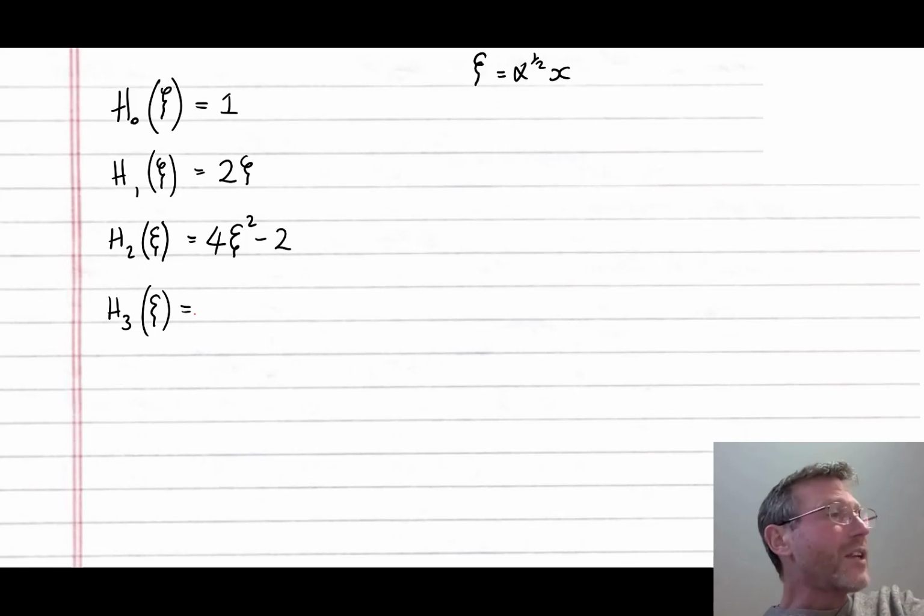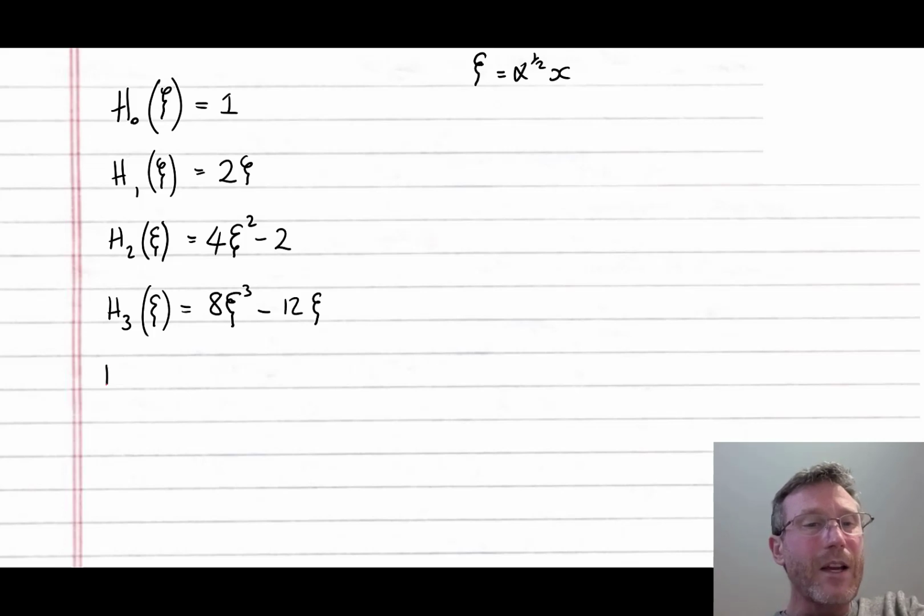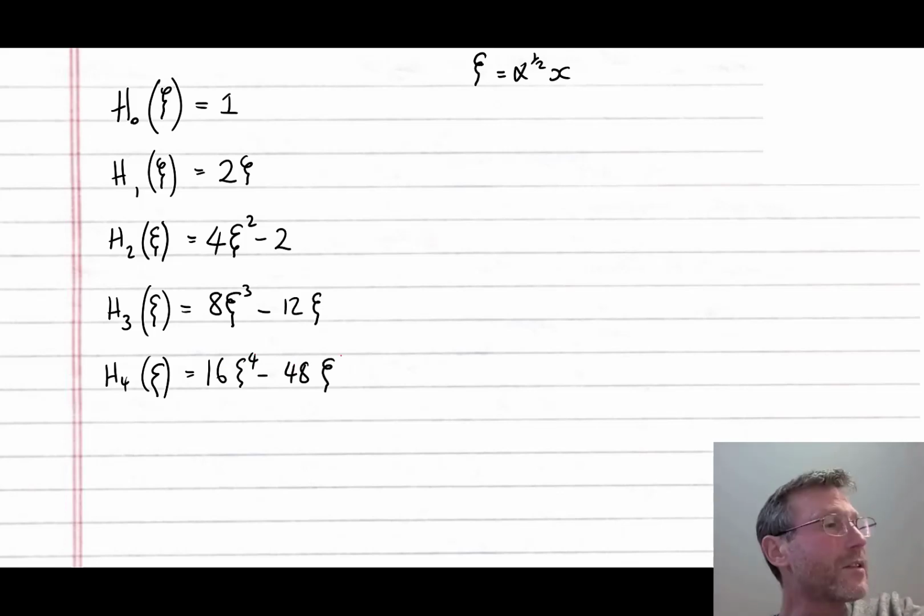And H sub 3 in here is 8, and there's a little pattern that starts to show up here. 8 xi cubed minus 12 xi. H sub 4 is equal to 16 xi to the 4 minus 48 xi squared plus 12.